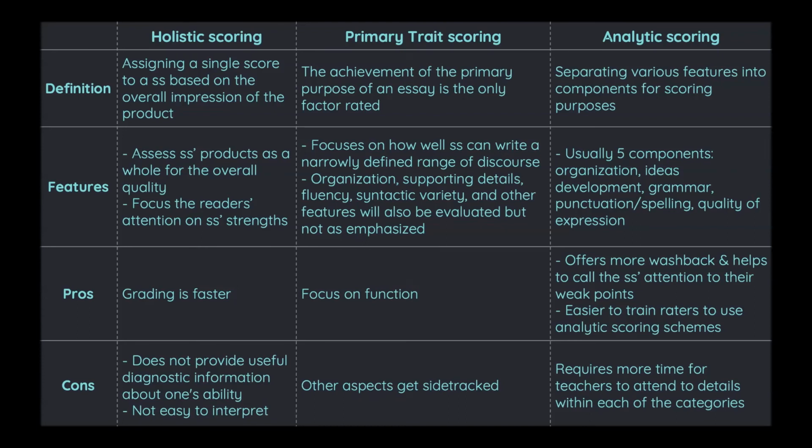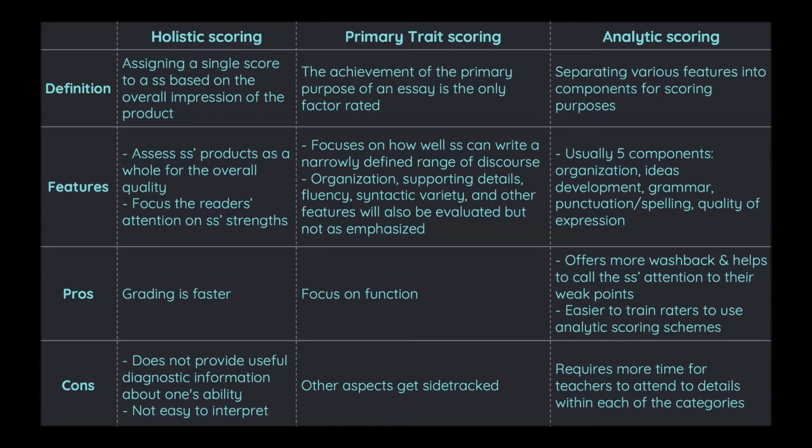Last but not least, we've got analytic scoring, which is separating various features into components for scoring purposes. This kind of scoring usually consists of 5 components: organization, ideas, development, grammar, punctuation or spelling, quality of expression.